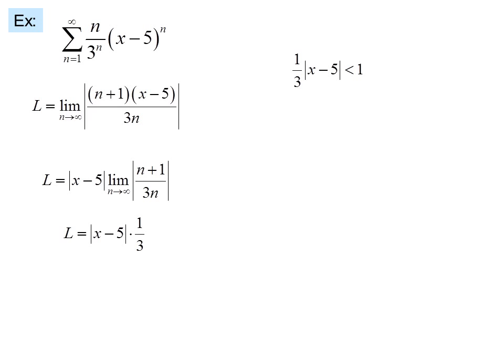So to converge, we must have 1/3 times the absolute value of x minus 5 less than 1, or the absolute value of x minus 5 less than 3, which we can rewrite as -3 is less than x minus 5, which is less than 3, or 2 is less than x, which is less than 8.